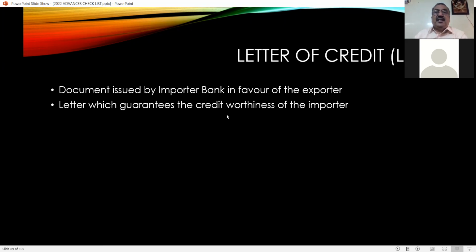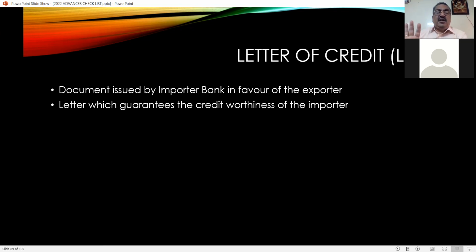It is a letter which guarantees the creditworthiness of the importer. This says that this party is worth about 1 crore, so you can supply any goods to the value of 1 crore. And if the party has not made the payment, we will make the payment. Indirectly, it is a bank guarantee, but it has to be given by the importer bank and in favor of the exporter.